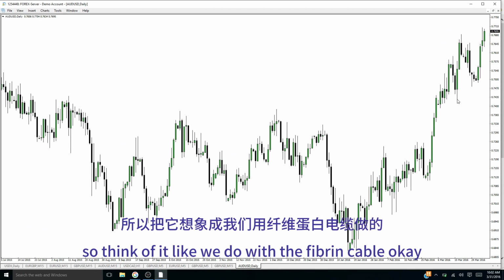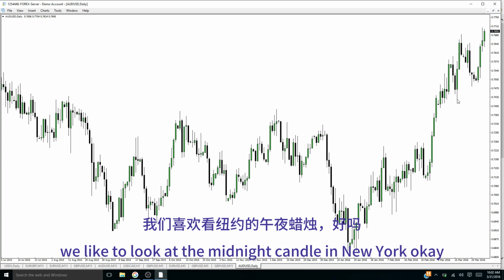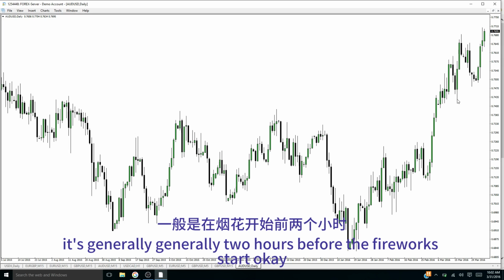So think of it like we do with the fiber and cable. We like to look at the midnight candle in New York. It's generally 2 hours before the fireworks start.